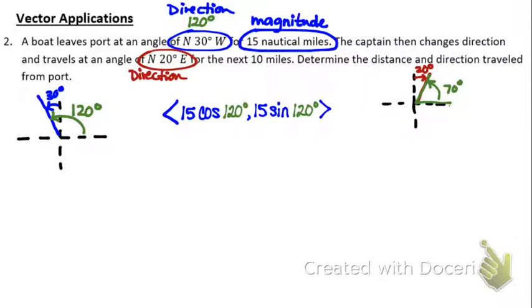Because when they start with north, they tell me how far to tip, either to the left or to the right, depending on whether I'm talking about east or west. So something like north 80 degrees west puts me almost all the way west, because I start from north and then I tip 80 degrees this way. Okay?